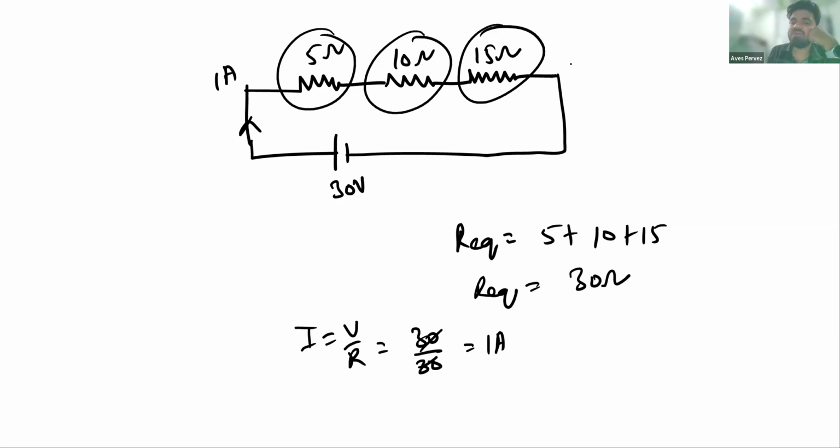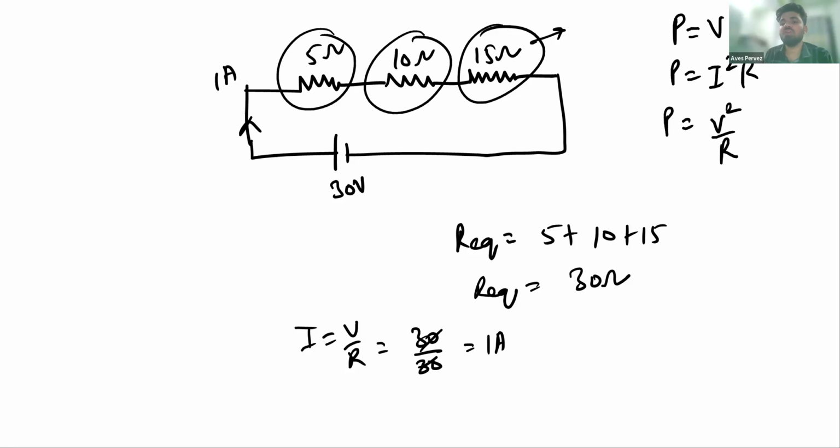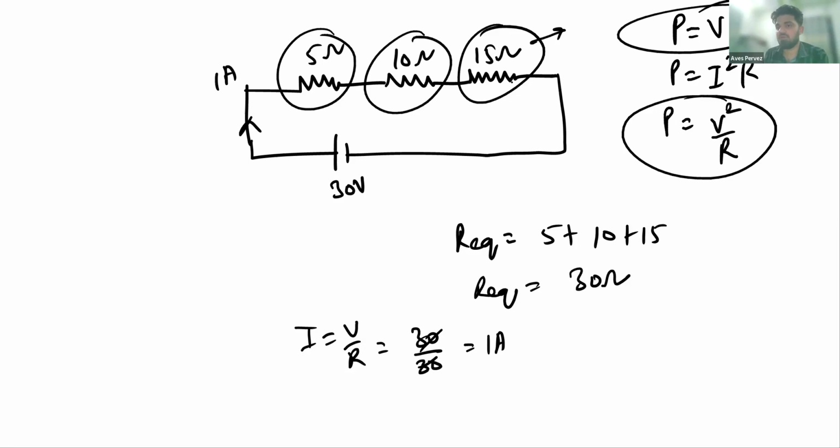Now, if I ask you to calculate the power of this one, so now you have three formulas. P is equals to VI, P is equals to I square R, and P is equals to V square by R. So you will not use this formula and this formula, because the potential difference is not same. Because potential difference 30 is not reaching here.